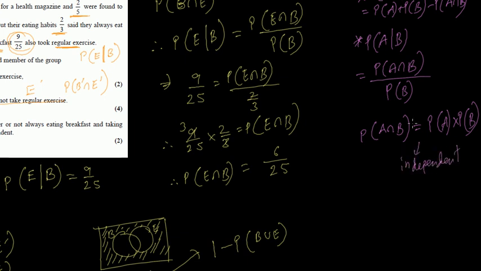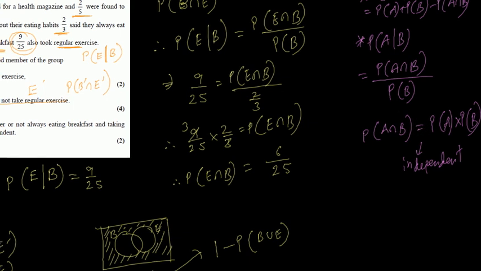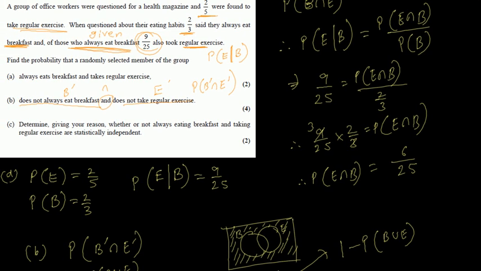If they're not equal, they are not independent. Usually it is proved that they're not independent. So let's see what happens here.